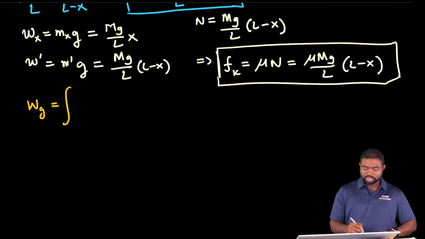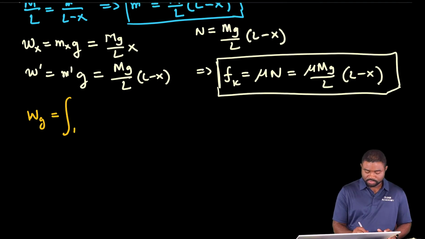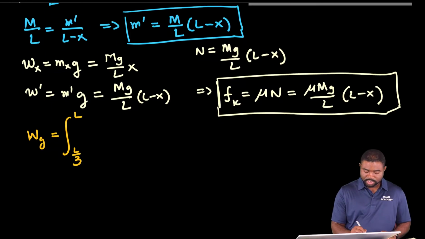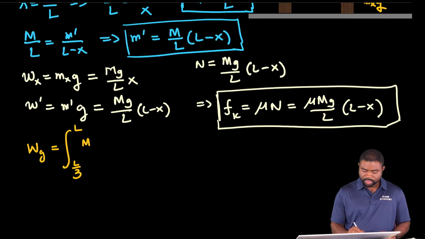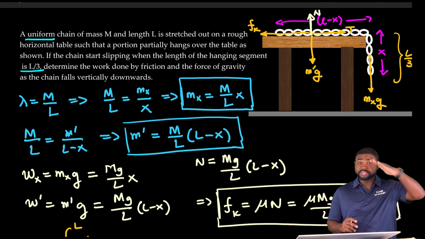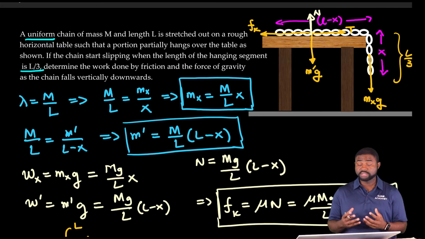So the total work done by gravity will be equal to the integral from L over 3 to L of capital M x, all divided by L, g dx. Remember that the displacement is downwards, the force of gravity is downwards, so cosine theta is equal to 1.